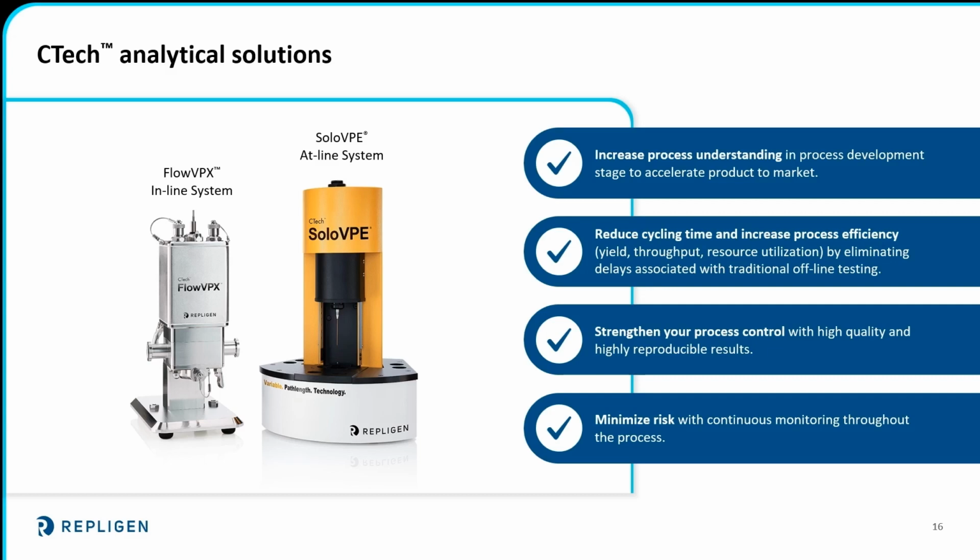We've also reduced the cycling time and increased process efficiency and yield by removing all the delays and time spent related to sample prep and investigation of erroneous errors related to dilution and sample prep handling. We've strengthened your process control with high quality and reproducible results as our software is 21 CFR Part 11 compliant. And we're now minimizing the risk with continuous monitoring throughout the entire process.